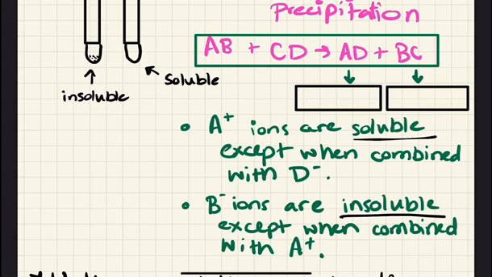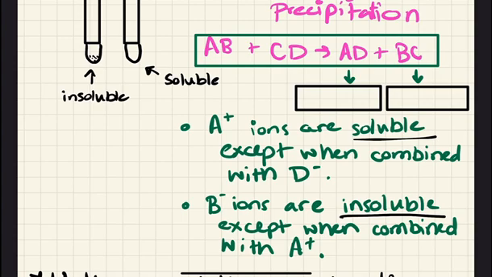So let's say A+ ions are soluble pretty much always, except when they're combined with D- ions. All right, so that's one rule. And let's say another rule is B- ions are always insoluble, except when they're combined with A+.